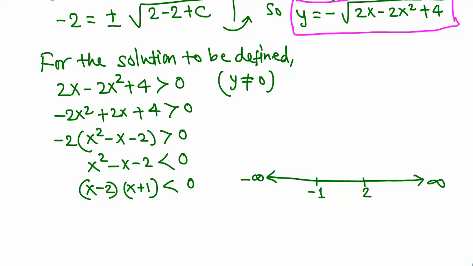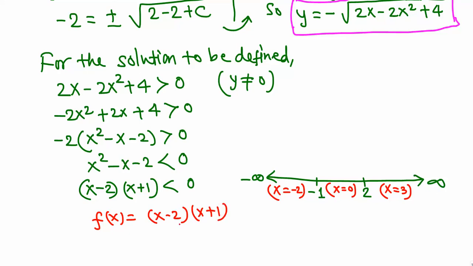So we'll pick a representative in each interval and plug in here. We need to get the product of these two things less than 0. Let's pick test points: x equals 0, test point 3, and for the other interval, let's take negative 2. Take x equals 0 and plug in the left hand side, x minus 2 times x plus 1, and we want the value less than 0.